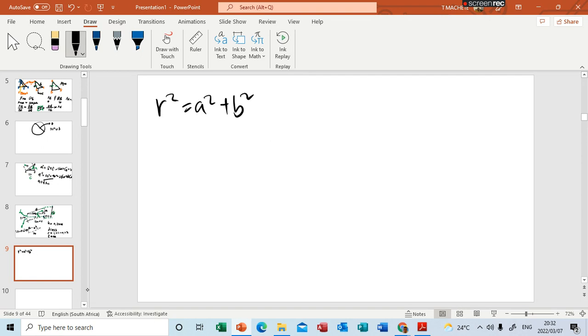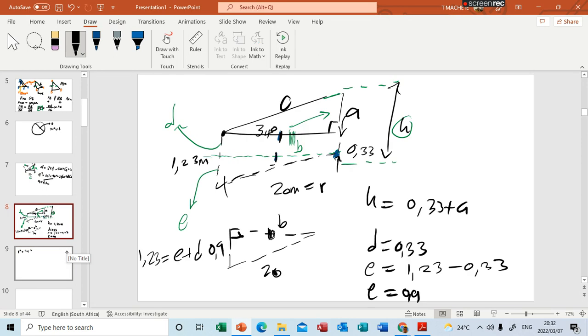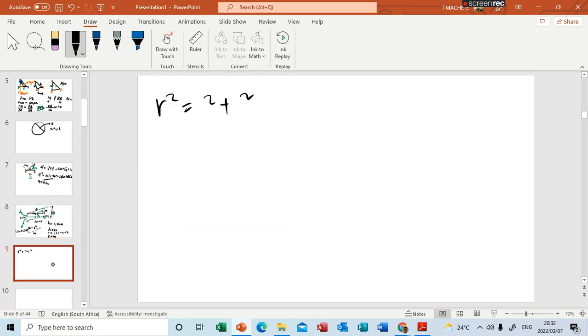So you have side E and B, and you need to make B the subject of the formula. B squared is equal to R squared minus E squared.